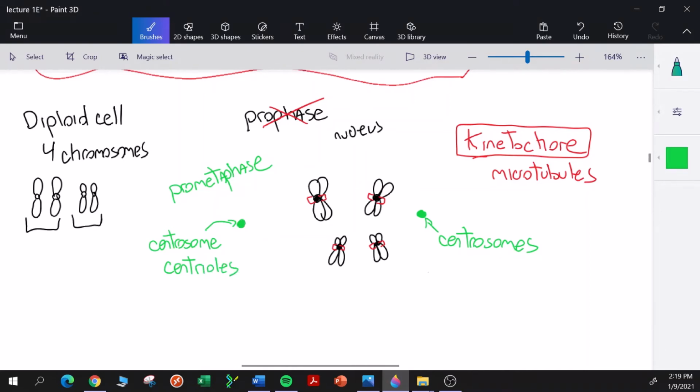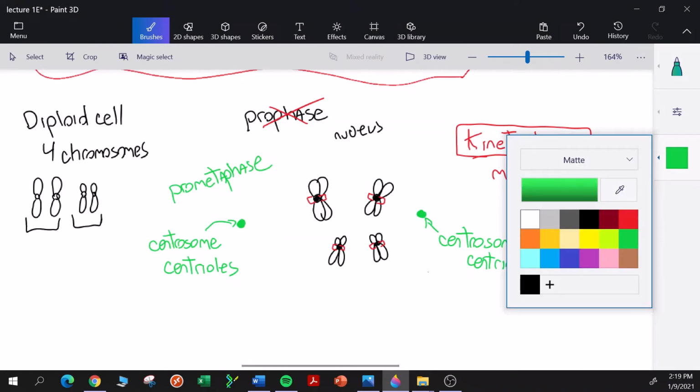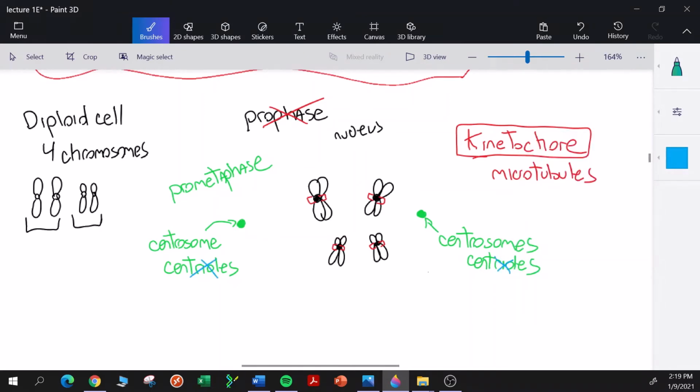Now these are what form the microtubules. So the microtubules will grow from the centrosomes. I won't refer to the centrioles. I'm just going to call these the centrosomes. The microtubules will grow or extend from the centrosomes to each kinetochore.